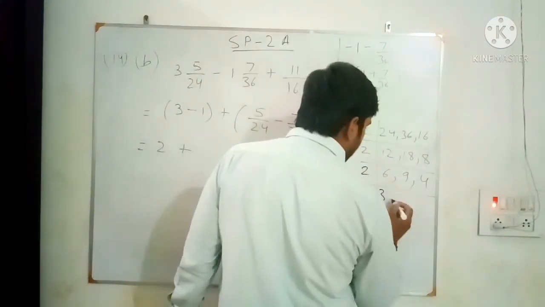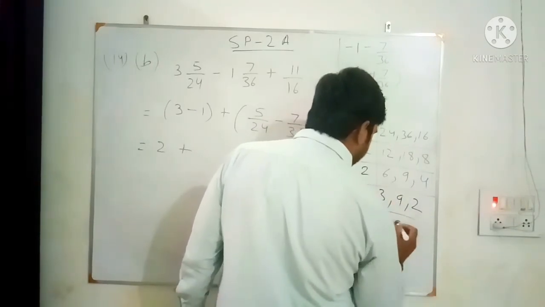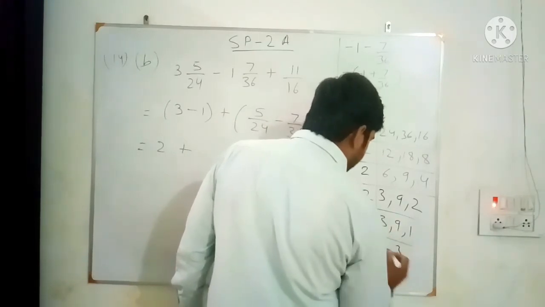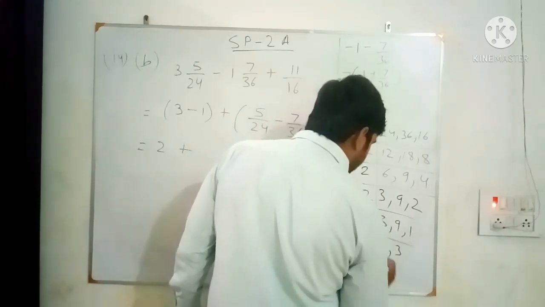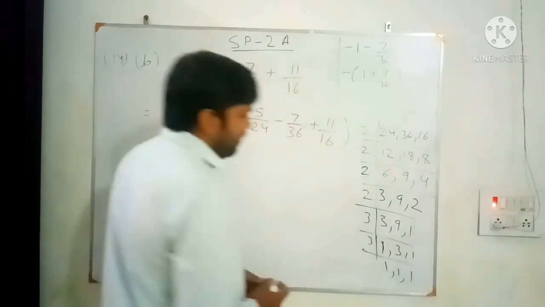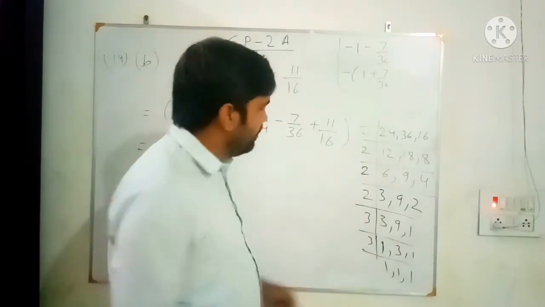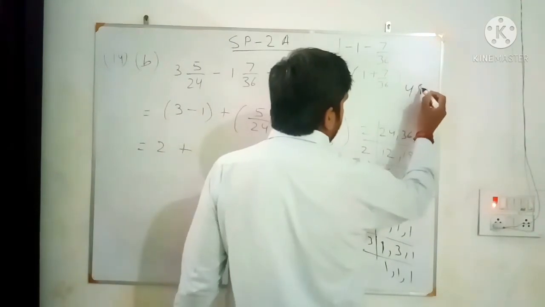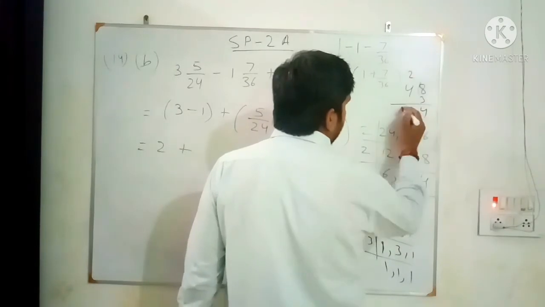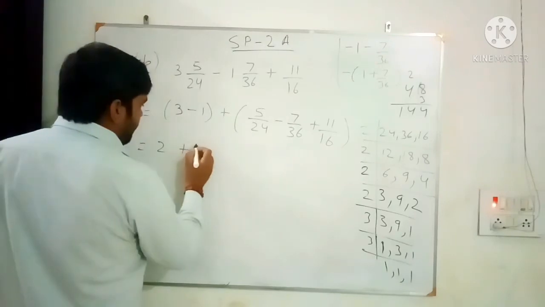Now 2 3s are 6, 2 2s are 4, again 2 1s are 2, 3 1s are 3, 3 3s are 9. Now the LCM we got: 2 2s are 4, 2s are 8, 2 is 16, 3 is 48. Now 48 3s are 144. So the LCM we got is 144.